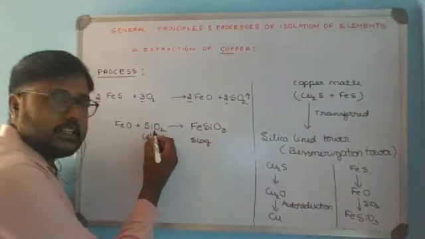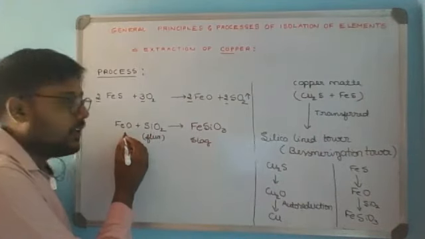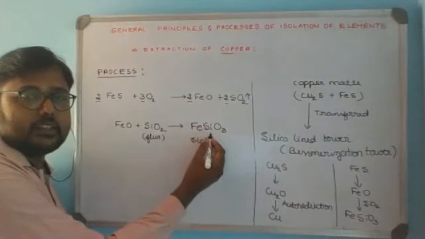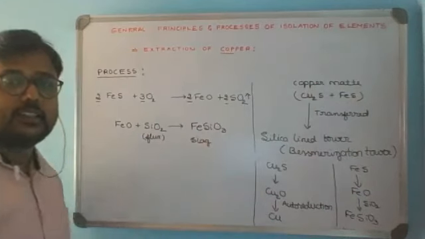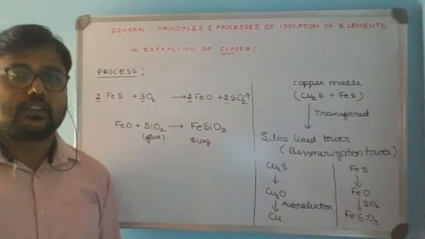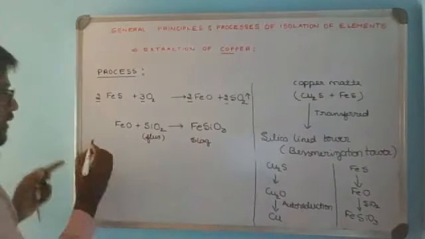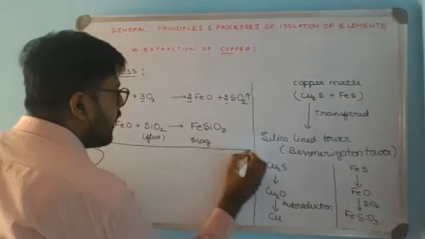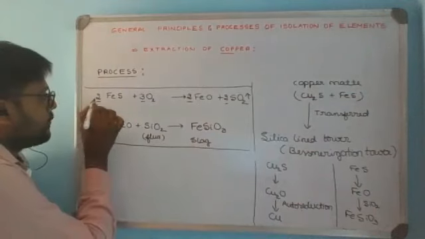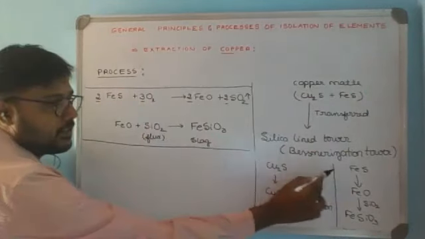Here the silica is used as flux, combining with iron oxide as gangue to remove it as a soluble substance, FeSiO3, iron silicate. The same equation we learned in the roasting process, with the same example given there; you can recall that. This explains how the gangue particles are removed, that is, the oxidation of iron sulfide.